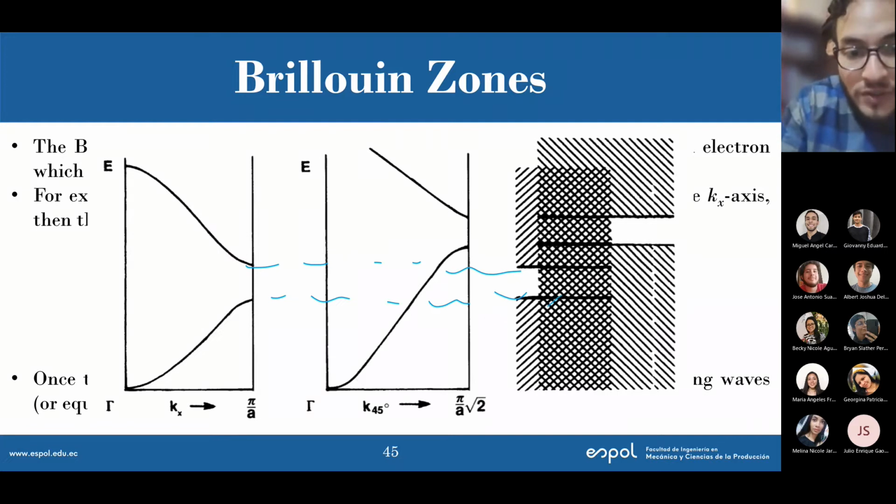So all values of energy are allowed here, and all values of energy are allowed here. Now let's go to the other one. This is just extending there and extending there. So yes, I do have an energy gap there. Yes, I do have an energy gap here.